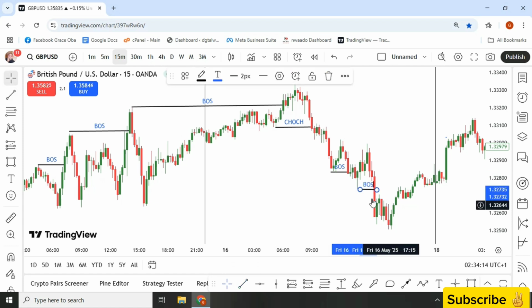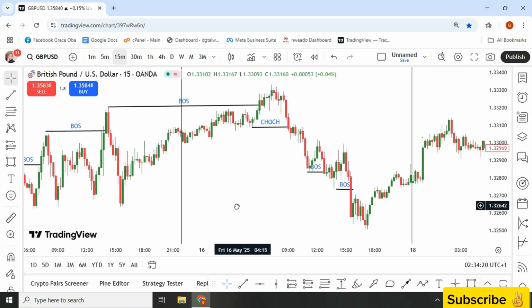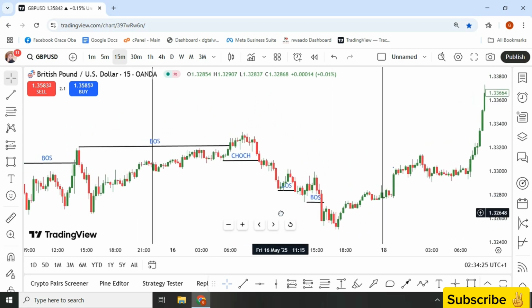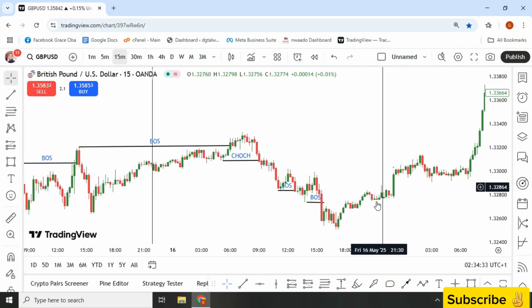There's a BOS. It declined down, ranged a bit, right? Let's follow the trend, and you can identify all those stuff I just drew in the rough sketch. From here, it's kind of ranged a bit. Now it's trying to make a new turn towards what? Towards the upside. And it actually did break this structure.